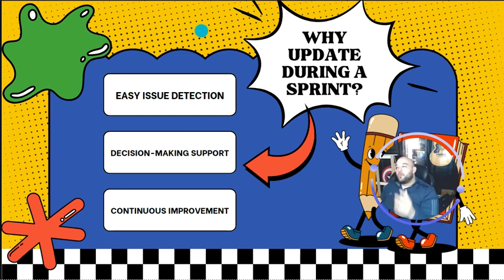Now, we want to update our sprints, and during each update, we want to understand what is the early issue, how can we help make decision-making support, and how can we use this data to continuously evolve as leaders and organizations.